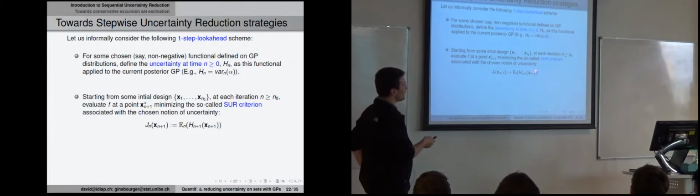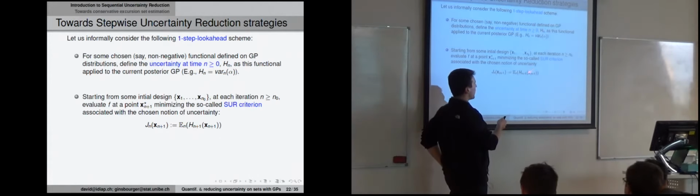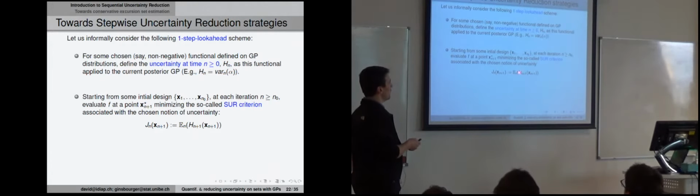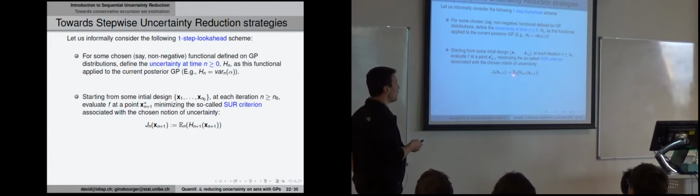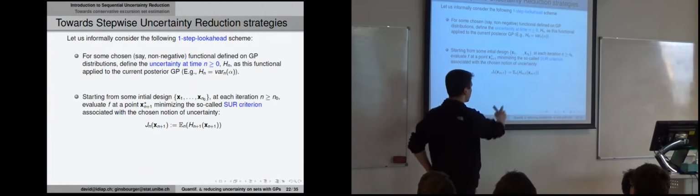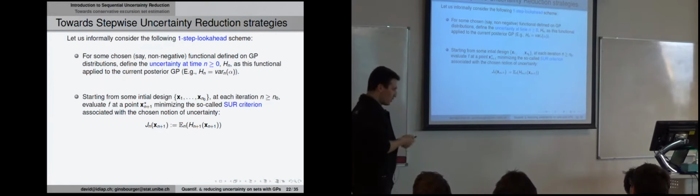And this uncertainty at the next step depends on where you will make your next observations. Okay? So xn plus 1 here is where you will put your next evaluation. Hn plus 1 is your future uncertainty, that is a random variable, but you take the expectation of this random variable at step n. So you just account for the observations that you have now. Okay? And then you want to minimize this guy.